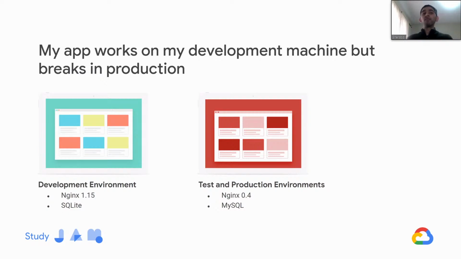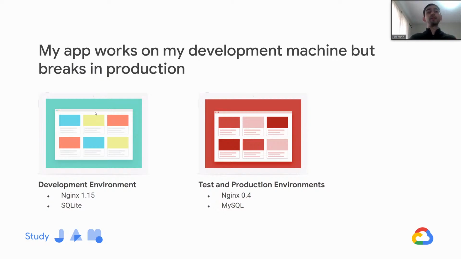And usually this involves a lot of back and forth between the operations team, and it wastes a lot of developers' time making sure the production environment is ready to go.